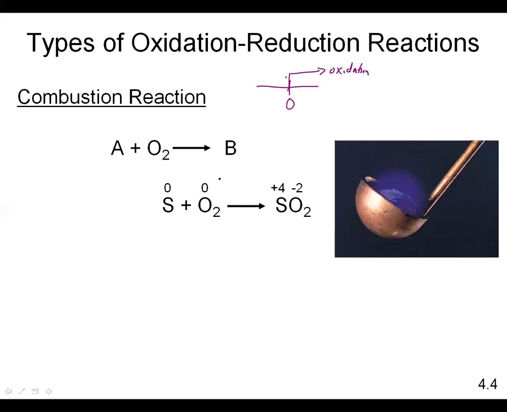While our oxygen is going from 0 to -2, which means it's going through reduction in this case. And it is a redox reaction. So this is an example of a combustion reaction. This is also an example of a combustion reaction.